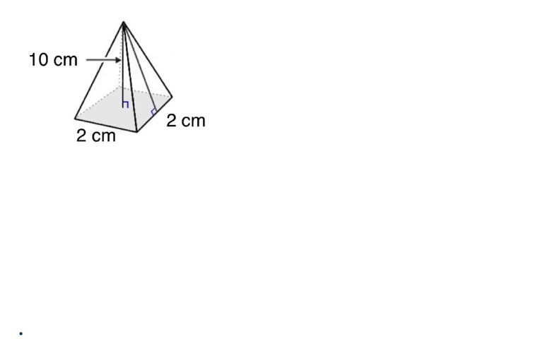So our first example is a square-based pyramid. So we need to remember that A is the area of the base, and the base is the type of pyramid that it is. So you can see here in this example, the base is 2 centimetres by 2 centimetres, which means it's a square. So we would have volume is equal to 1/3 times the area of the base.